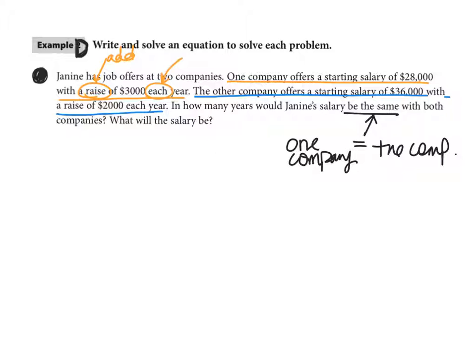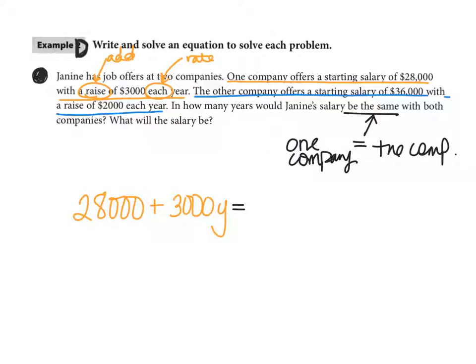All right, remember each is one of those rate words, which means I'm going to end up doing multiplication with a variable there. So for one company, that means I'm going to have 28,000 with a raise of $3,000 each year. And I'm going to use Y to stand for the number of years.